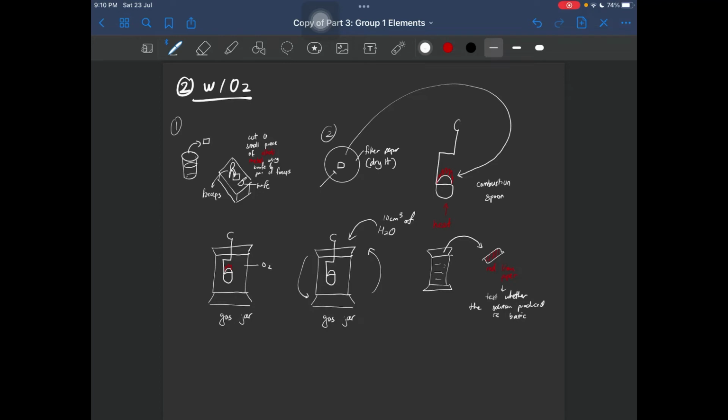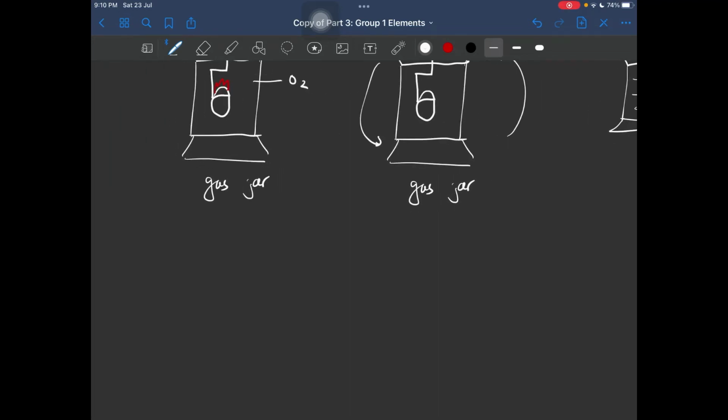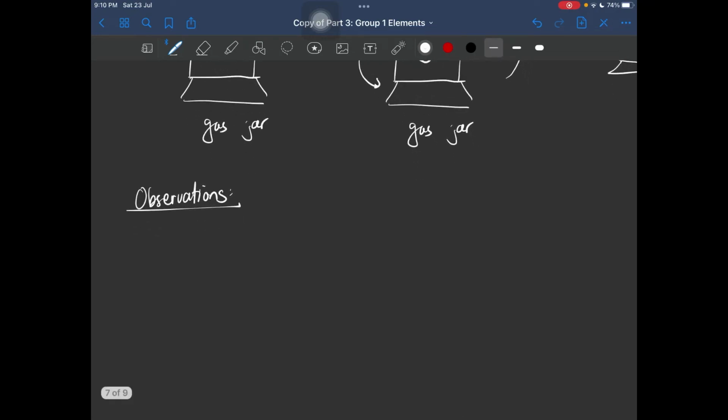So this is how you would carry out the second reaction, which is the reaction of alkali metals with oxygen. Now, what are the observations? First we go with the general observations.